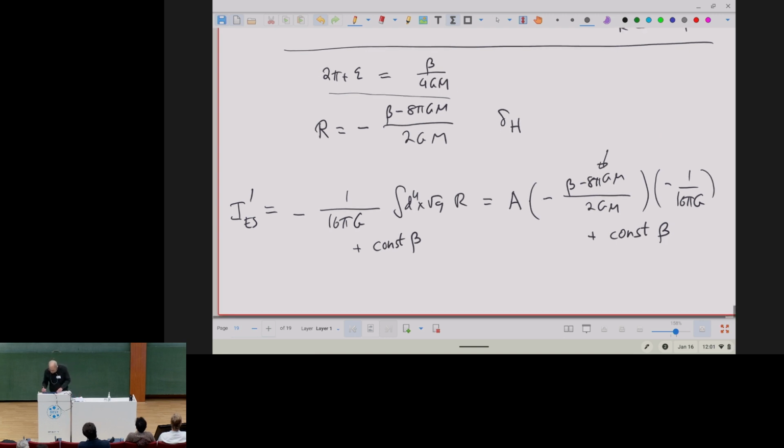So you see, in that term, the m's cancel and some g's cancel. So we get a over 4g minus a over 4g. There are three minus signs here, here, and here. So we get minus a over 4g plus beta times something. And we don't care about the coefficient of beta because it won't contribute to the entropy.